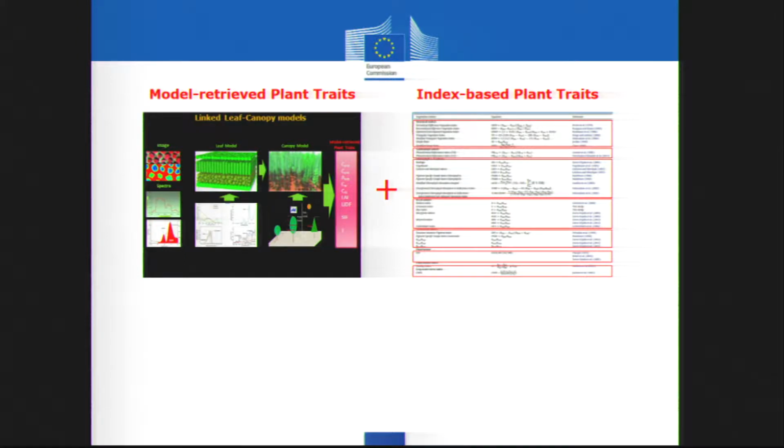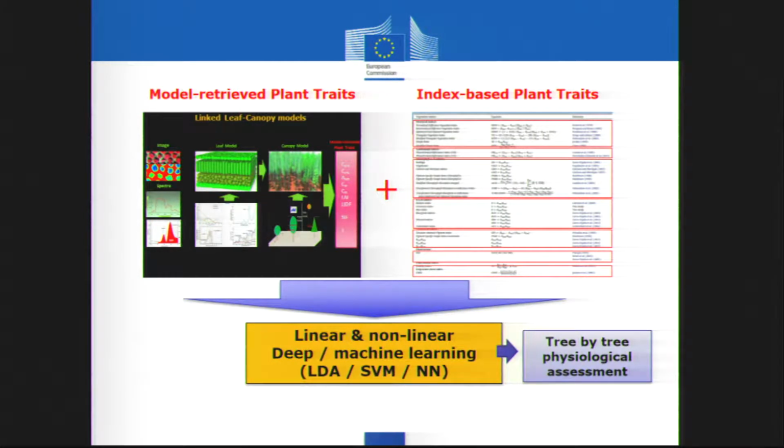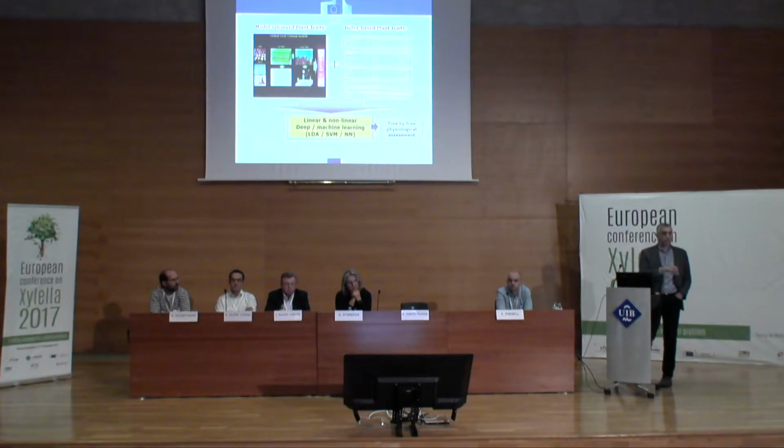In our case of Xylella fastidiosa, what we've done is to build linear and non-linear deep and machine learning models, with the final aim of flying large areas and applying these models in order to classify and to assess every single tree.